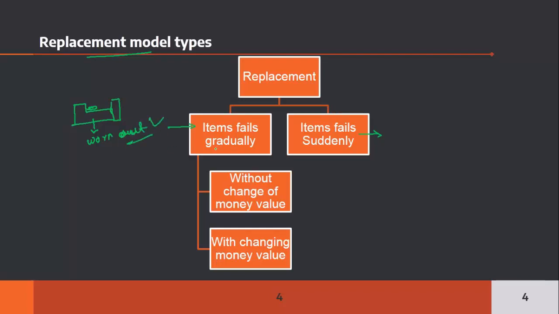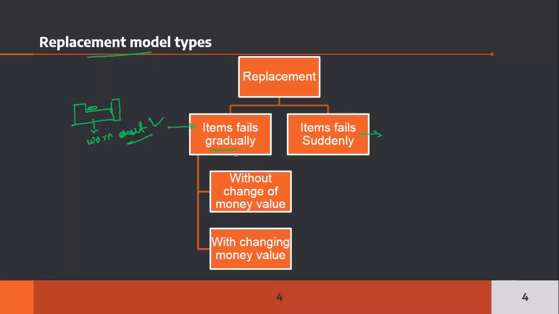This type of component we call an item that fails gradually. But when there is an accident of a car, the car fails very suddenly, that we call an item that fails suddenly. So our main objective is to find out the replacement year for the items which fail gradually.